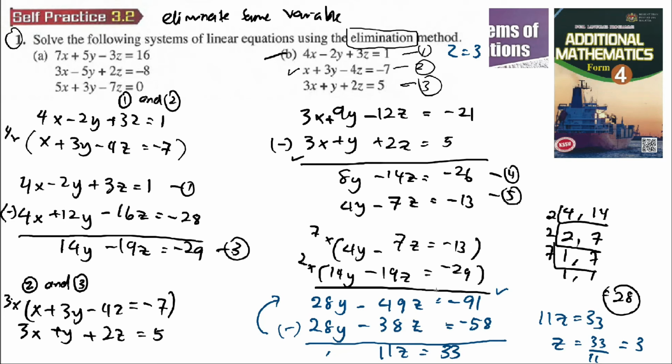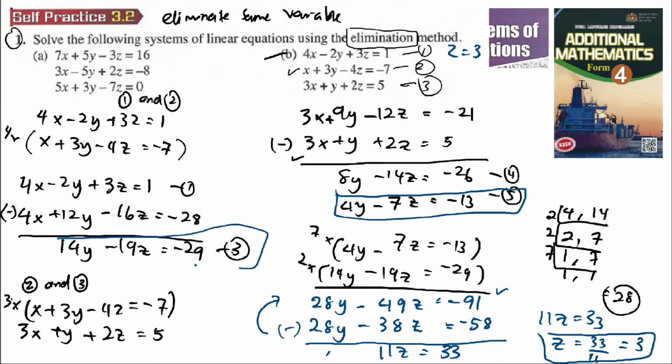So you see here, you get the value of z. So using the equation, you see here the one with only z and y, we can get y. So you can choose to use 3 or 5 to get the value of y.